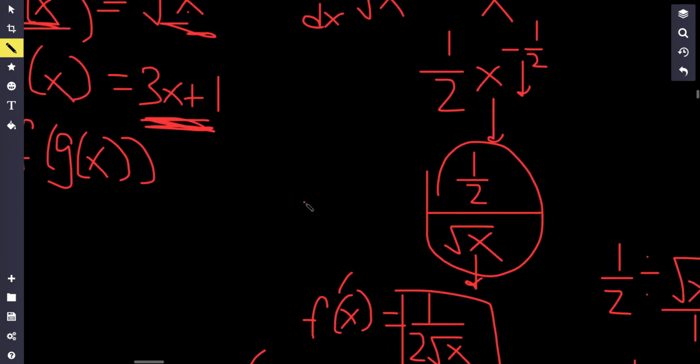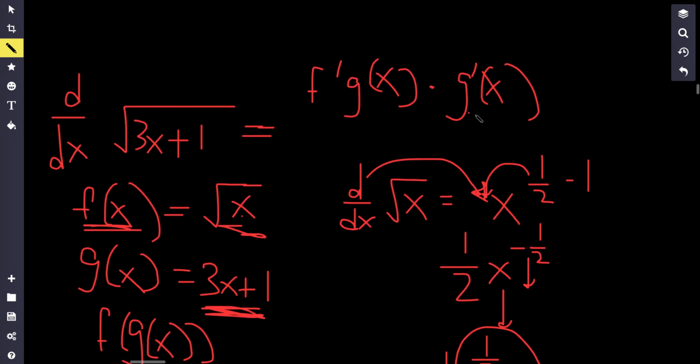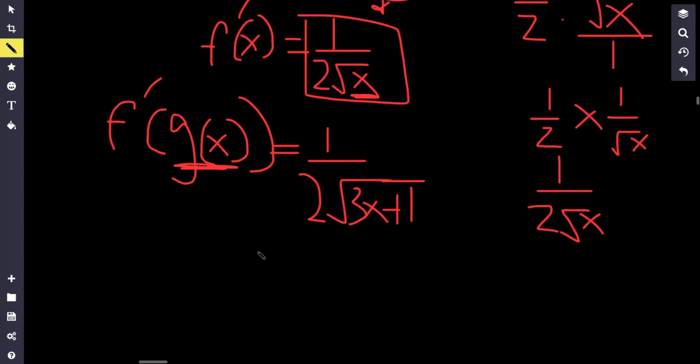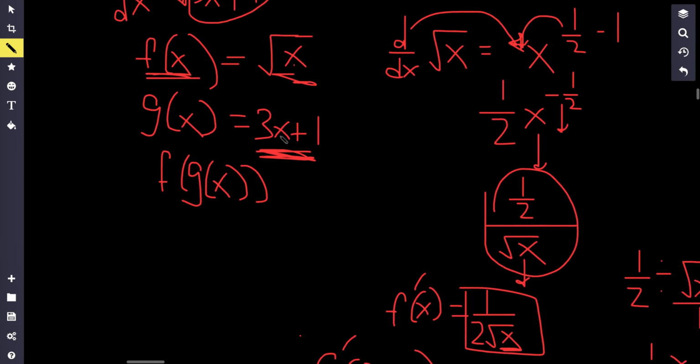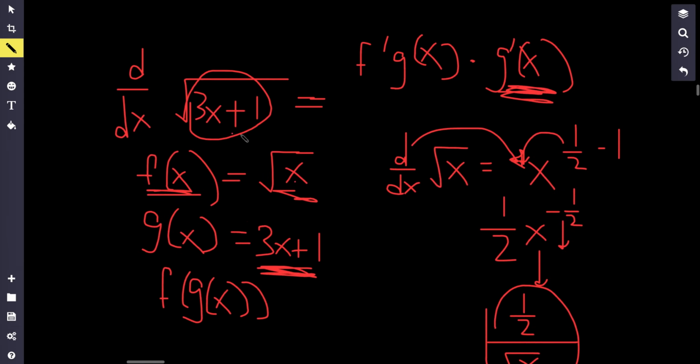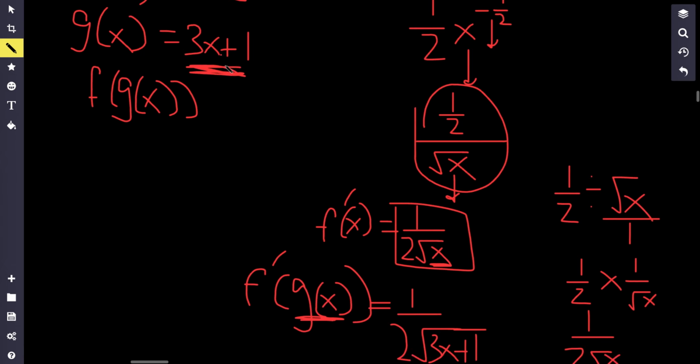And now all we have to do is just multiply all of this by g prime of x, or the derivative of the inside function. We know the inside function is 3x plus 1, right? That's what we put as our g of x.